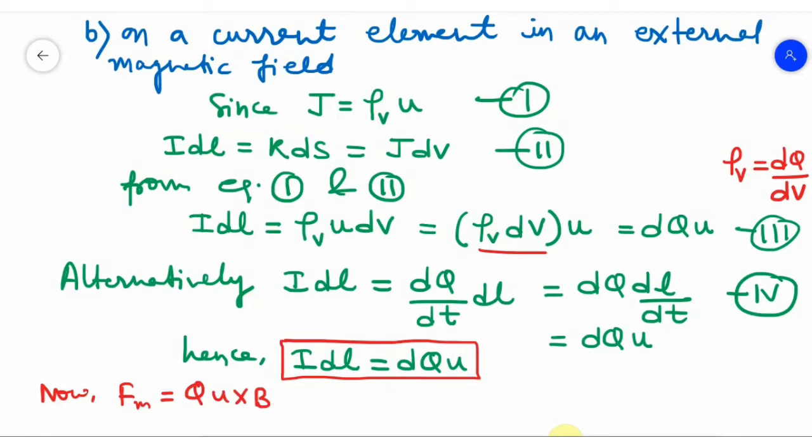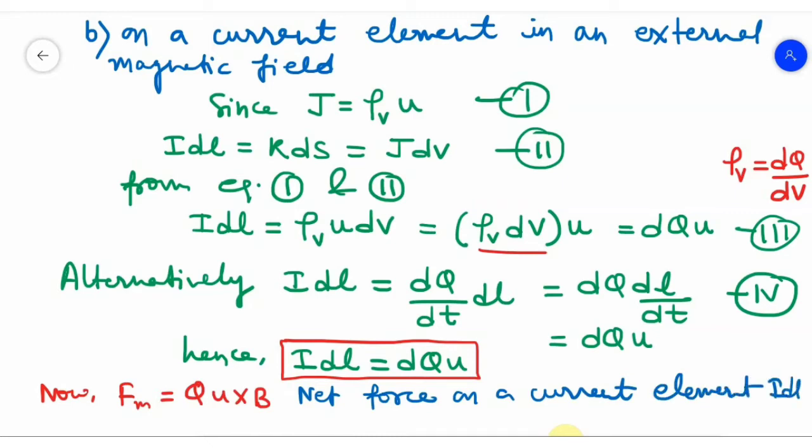So the net force on a current element IDL in magnetic field B is given by dF equals IDL cross B.